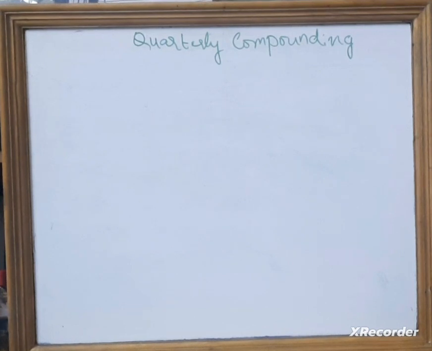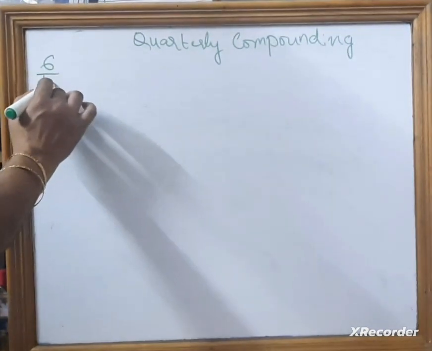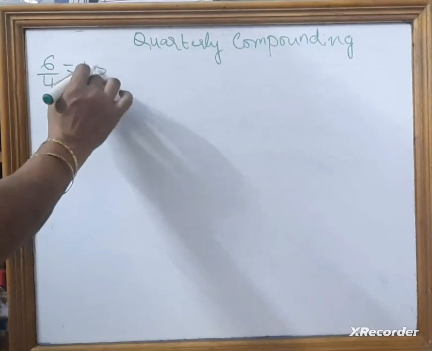So if you take the same example of Mr. X, who has in his savings 1000 rupees, and would like to deposit in a savings bank scheme of 2 years with the annual interest rate of 6%. There will be 8 compounding periods, and the rate of interest for each compounding period will be 1.5%, that is 6% divided by 4, which is equal to 1.5.